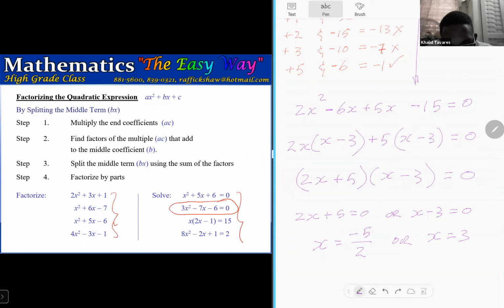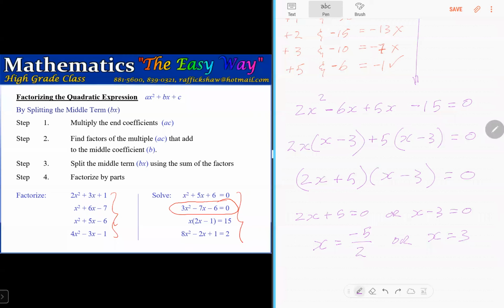Carry over the 5 first, get negative 5, and then divide by the 2. Good? As we go, we're going to cut out some steps that are unnecessary. As we go more and more, and understand it more and more, we cut out some steps that we don't need. Carry over the 5, it becomes negative 5, and then divide by the 2. So it becomes negative 5 over 2. x is negative 5 over 2.